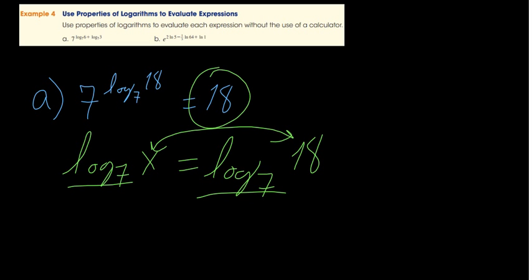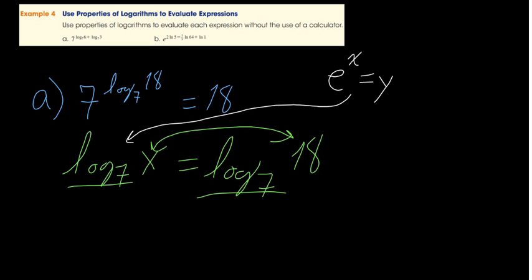Okay, and again, I feel like I might have hand waved that a little bit, so let me explain this a little bit more. We know that if we have e to the x is equal to some y, okay, that's essentially what we did here. Sorry, I should have done b.